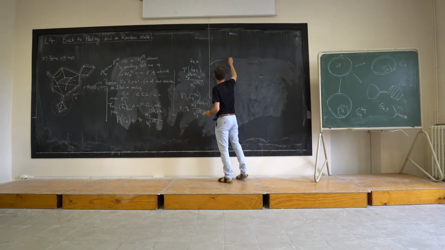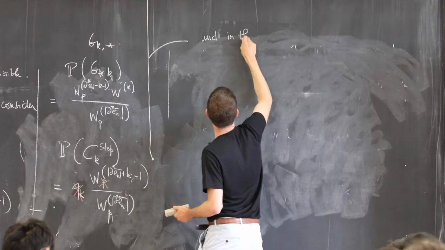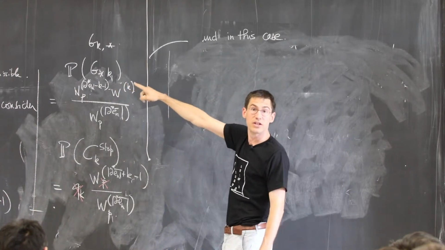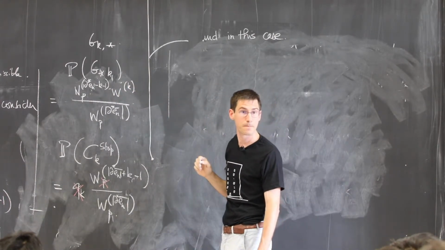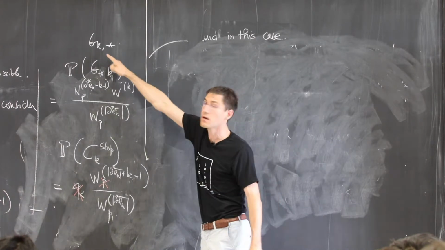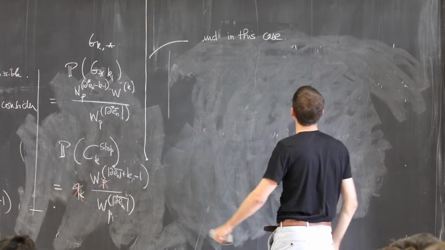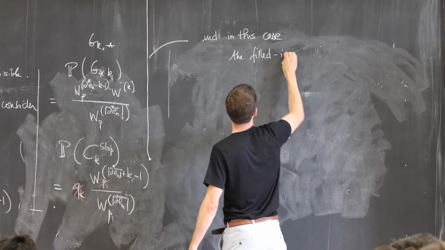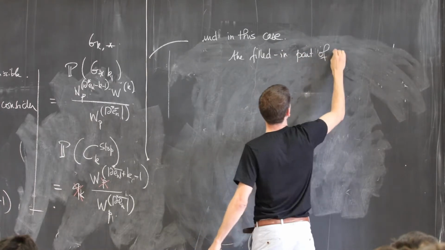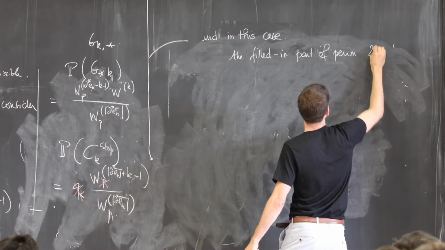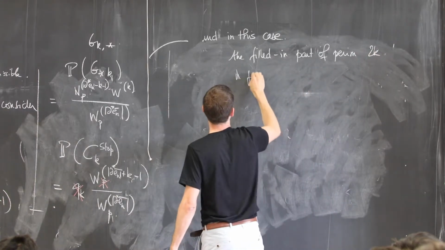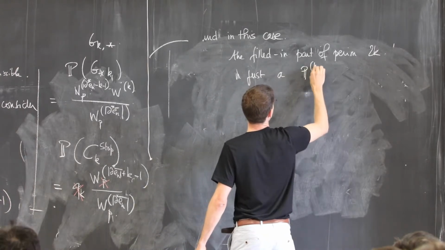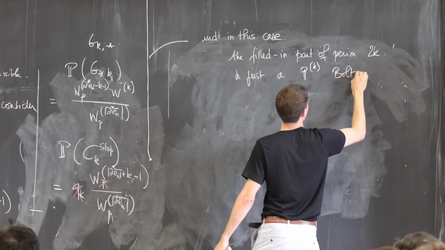In this case, conditionally on event g star k happening, what is inside the boundary of size 2k, the field in part of perimeter 2k, is just a vanilla pk Boltzmann map without target.